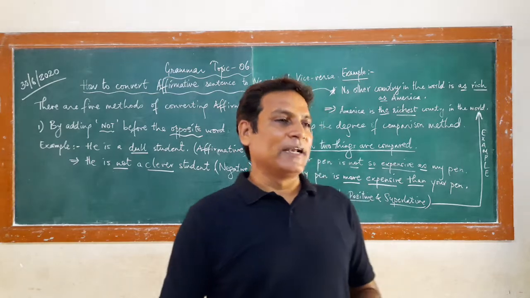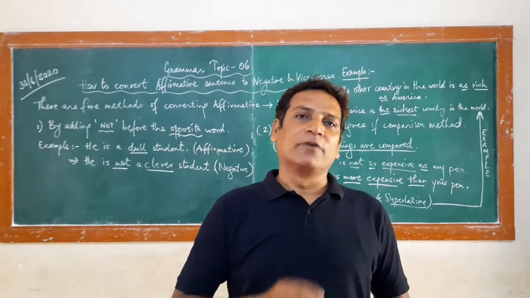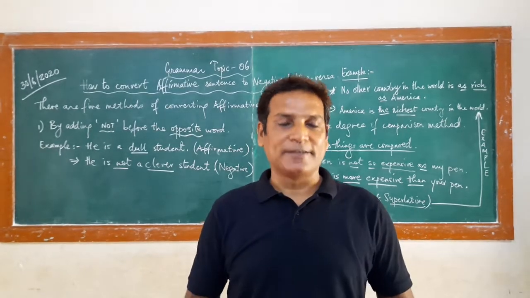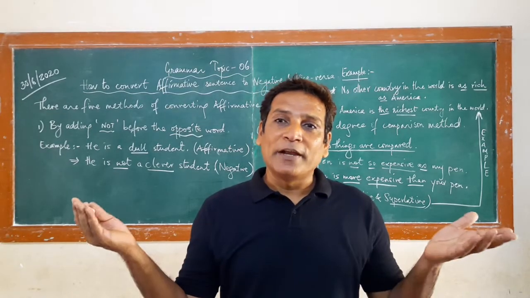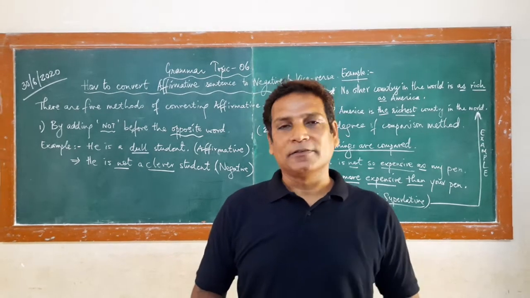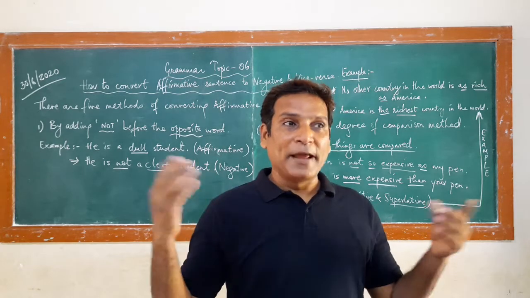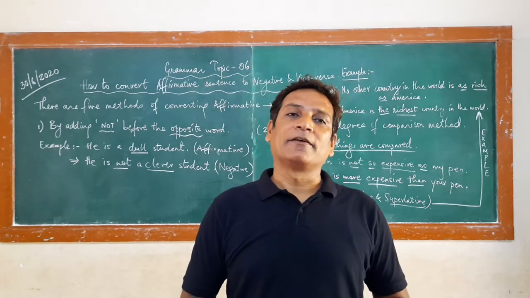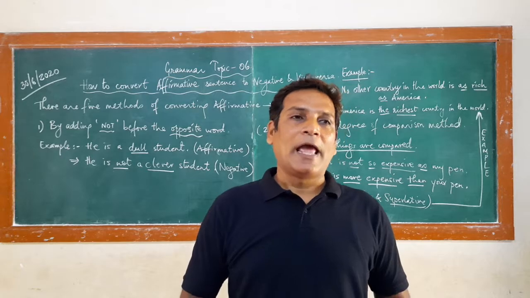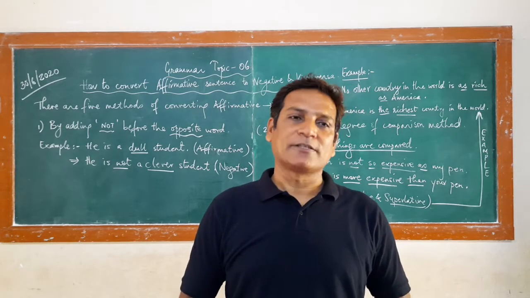While an affirmative sentence means the absence of negative words in a given sentence. So when there is no negative word in a given sentence, we can term it an affirmative sentence. Now there are many ways by which we can transform or convert an affirmative sentence into a negative sentence and vice versa.